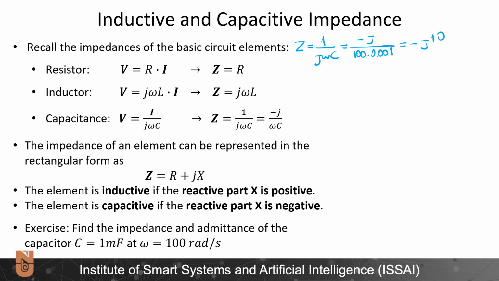And I can also write this as Z equal to 10 times minus j, which is 10 times angle minus 90 degrees.